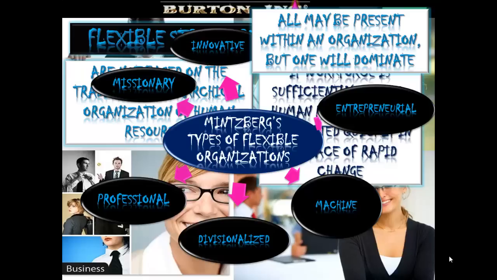And he suggests that organisational structures can consist of up to 6 basic parts. All of these different parts can be present within an organisation, but one of these tends to dominate the organisation.